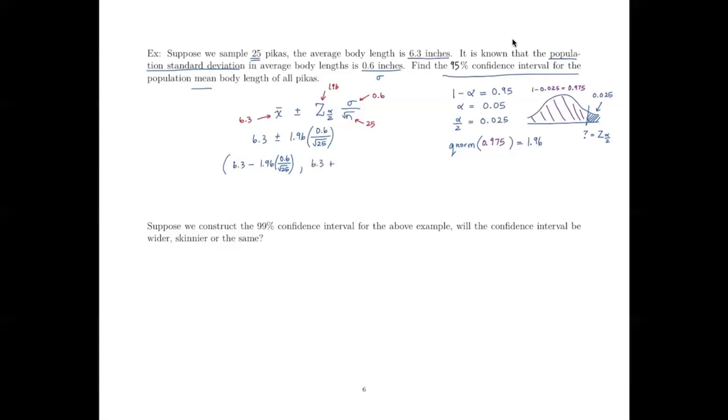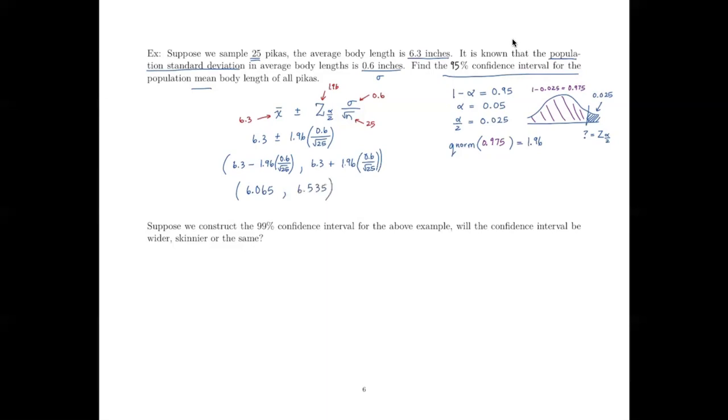The only difference there is one is the plus and one is the minus sign. Now when I plugged those into my calculator, I got the values 6.065 for my lower bound and 6.535 for my upper bound.